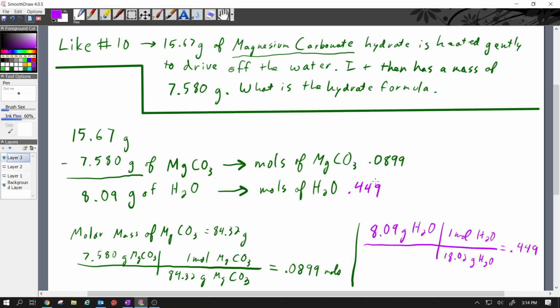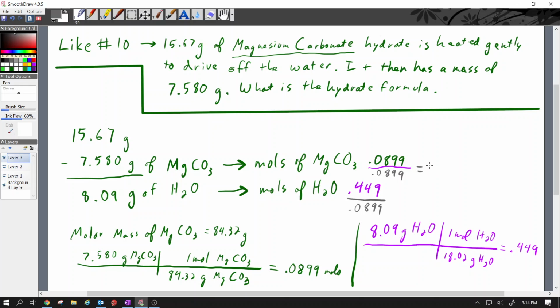At this point, we have our moles to moles. I would need to write them as coefficients, but what we need to do is divide by the lowest number of moles. So I'm going to take this and divide by 0.0899, and I'm also going to take that number and divide by 0.0899.